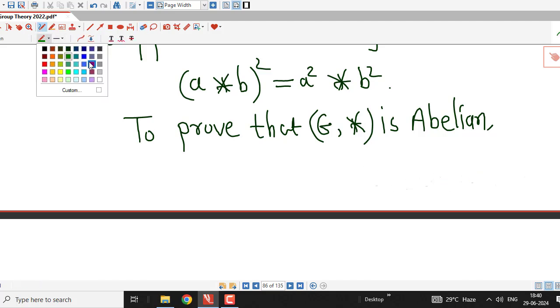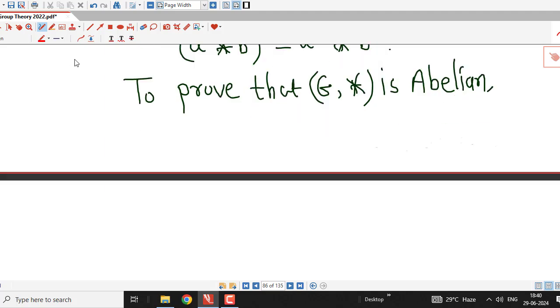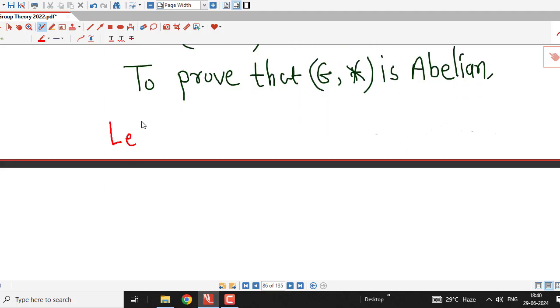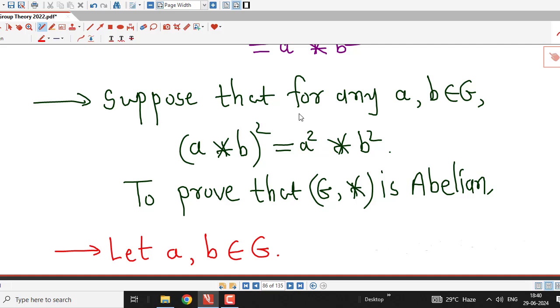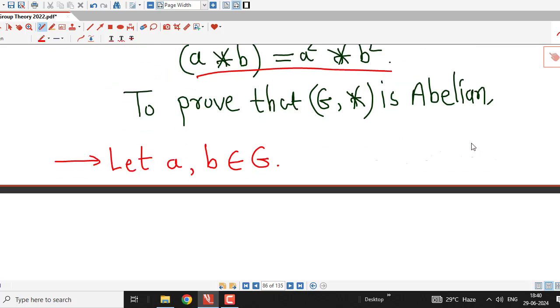So for that I am taking any two elements. We start by considering A and B in a group G, and I want to prove that A star B equals B star A. Now what is given? If we have any two elements in a group G, then this property is satisfied. So we start with this property.